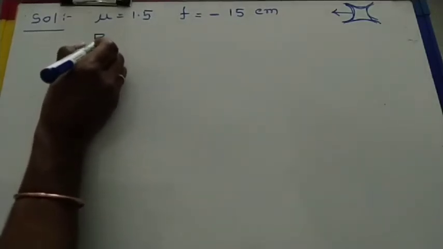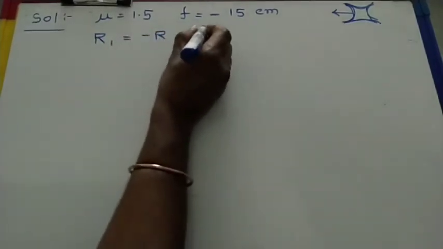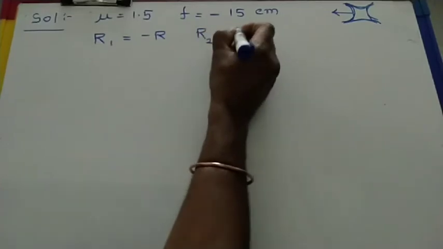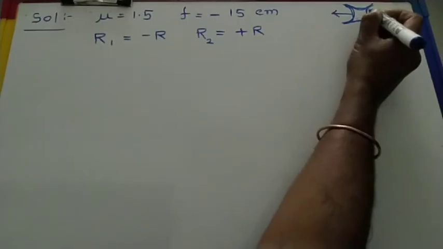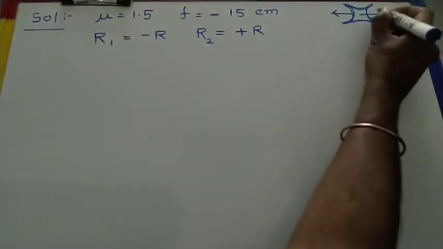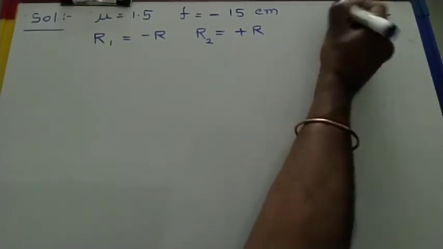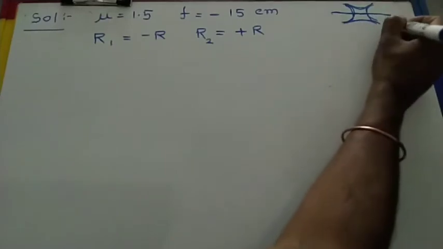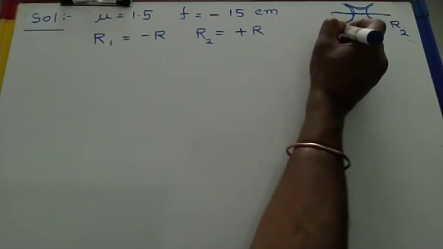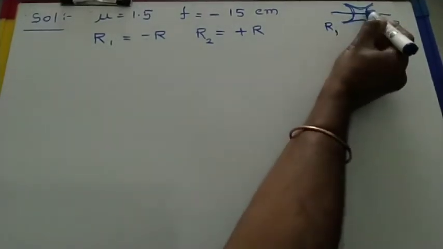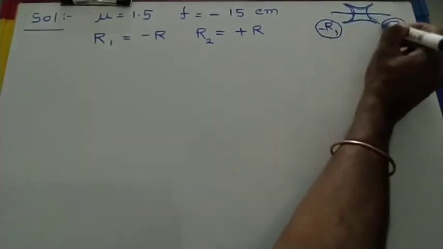R1 is equal to minus R. R2 is equal to plus R. That means from here, this is the radius of curvature, and at the same time this is also a radius of curvature. For this one, the radius of curvature is called R1, so it gives minus. For this one, R2, it gives plus.